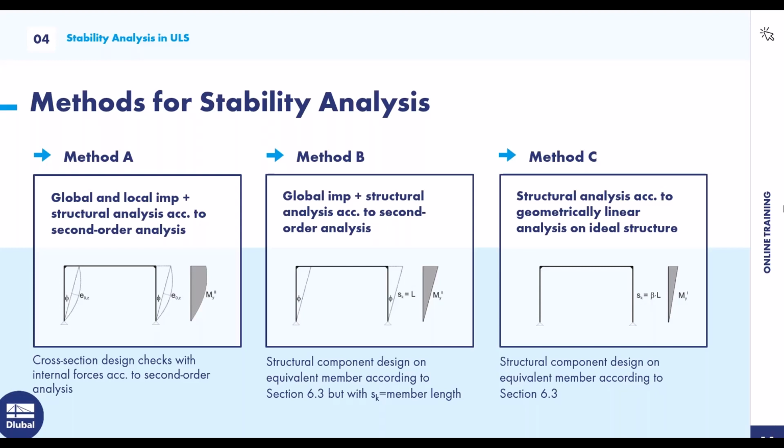But that's also a sentence in the Eurocode. For the design of the lateral torsional buckling, the application of the second order analysis is also required with that method. Now, if you want to do a lateral torsional buckling design for the horizontal beam, then you also need for this method to calculate according to second order analysis.